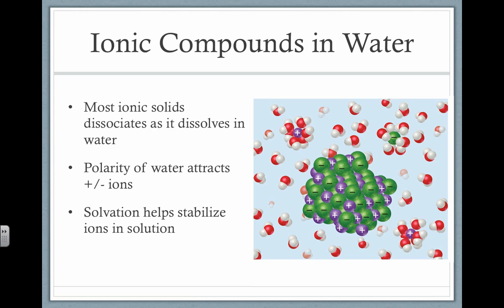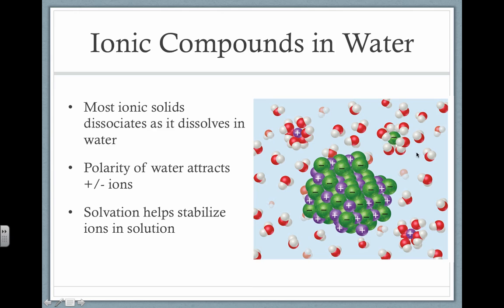What we find is ionic compounds tend to be, not always, but most of the time, electrolytes. If ionic compounds do dissolve in water, they're going to what we call dissociate. What that means is that they're going to basically separate into positive and negative ions. The polarity of the water attracts either the positive or the negative ion.